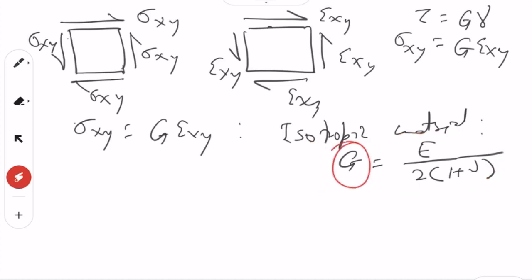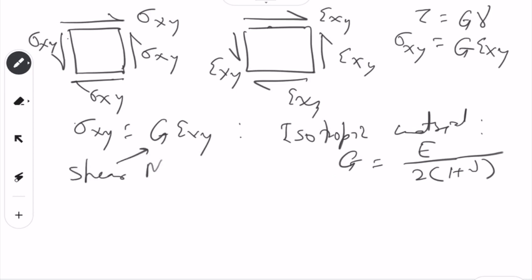So G is the shear modulus, or modulus of rigidity you call it.